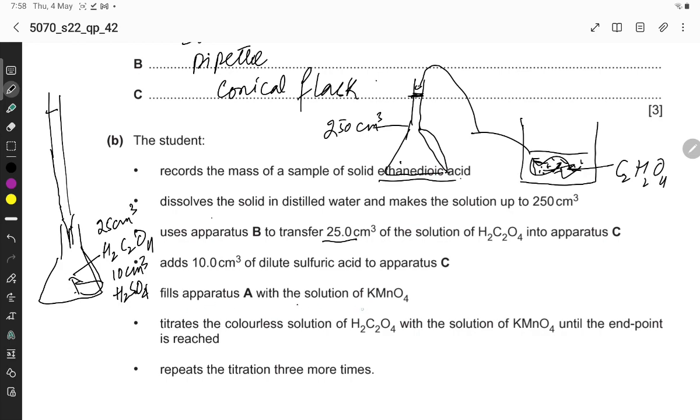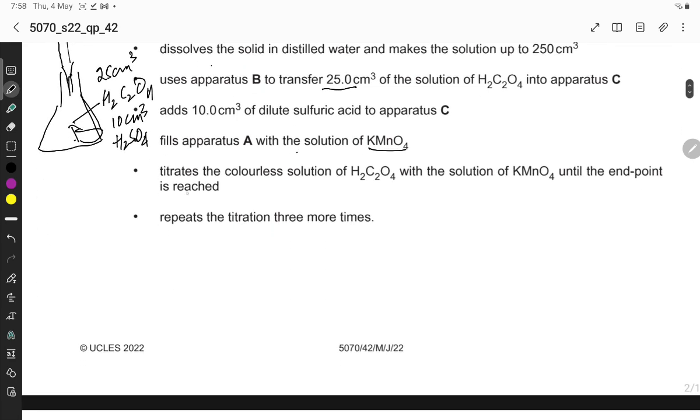Over here KMnO4 is purple in color. Titrates the colorless solution H2C2O4 with the solution of KMnO4 until the end point is reached. Repeat the titration 3 more times.